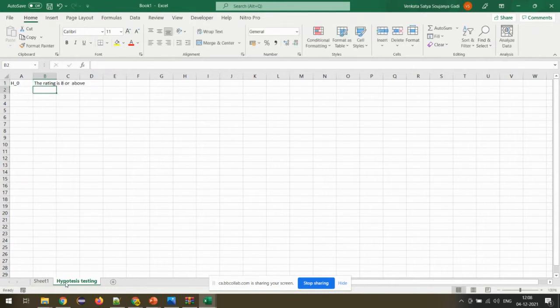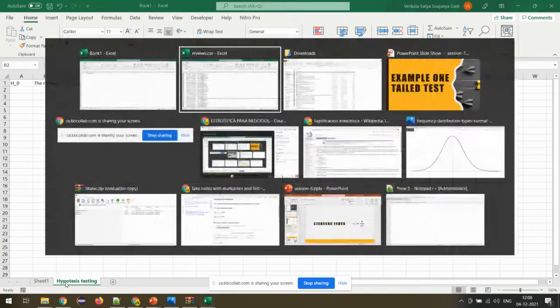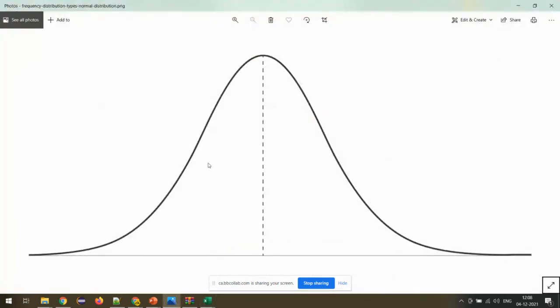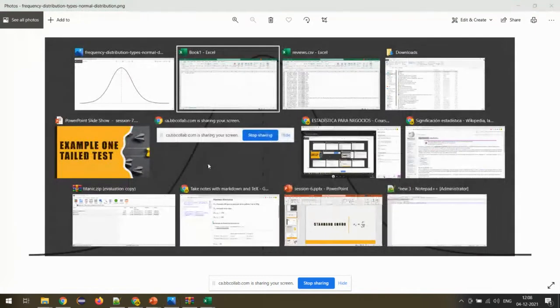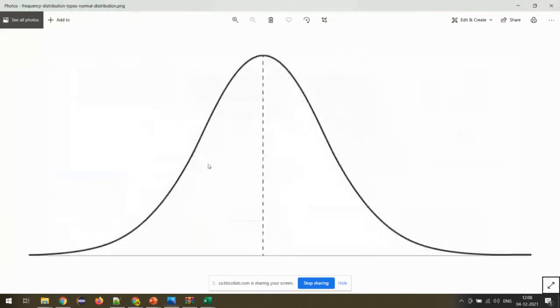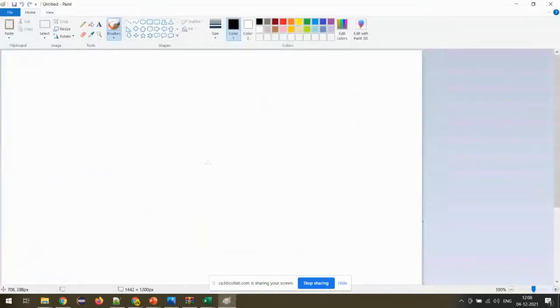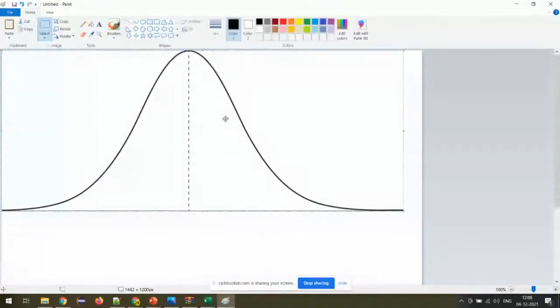So that's our null hypothesis. To test this, first we have to draw the Gaussian distribution plot, or we call it the bell curve. Let's plot the bell curve.